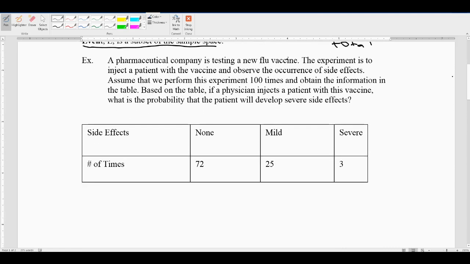Now this example is from an actual experiment. The question is, what's the probability that the patient will develop severe side effects? So I'm going to use shorthand notation.